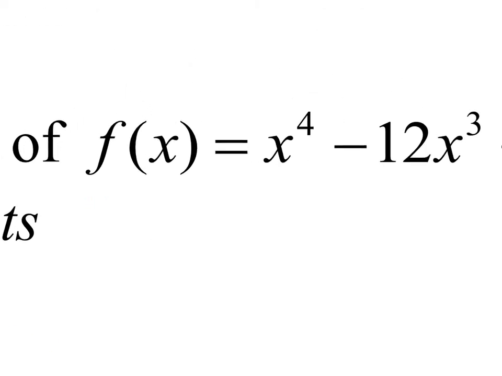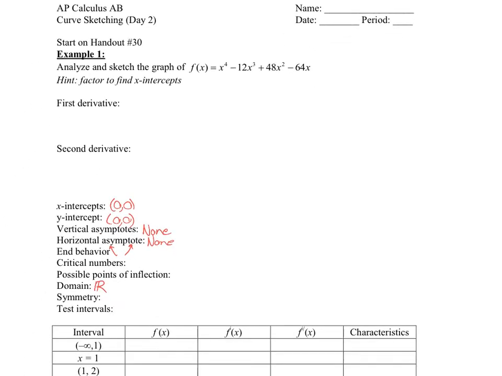The end behavior: positive leading coefficient means it's going up to the right. Even degree means the left does the same thing. Okay? So for our x-intercepts and y-intercepts, we have points, and for asymptotes, we have none.